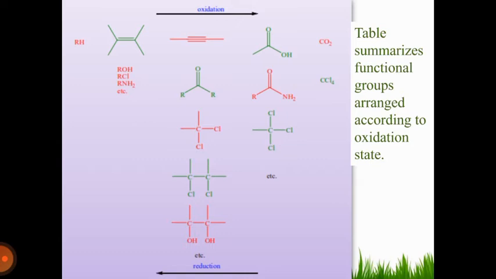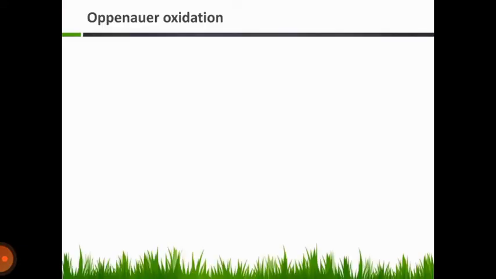This is very important for a better understanding of the concepts of oxidation in organic chemistry. The very first one we are going to discuss in this chapter is open air oxidation. It has very wide importance as far as alkaloid chemistry or natural products are concerned.